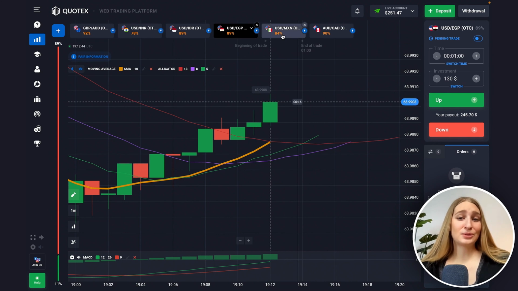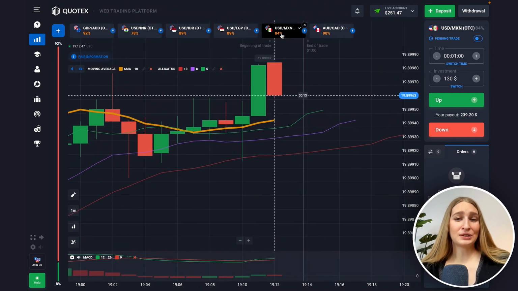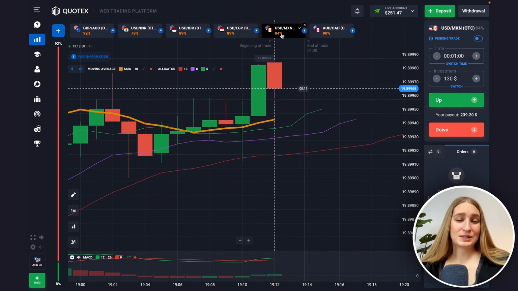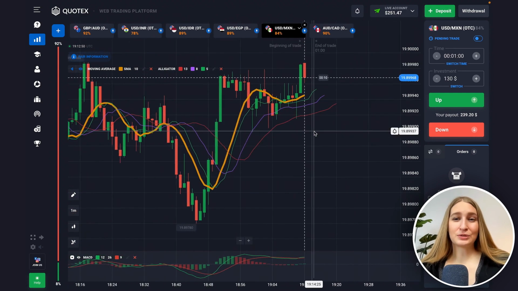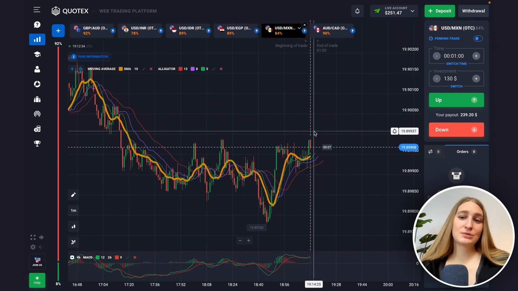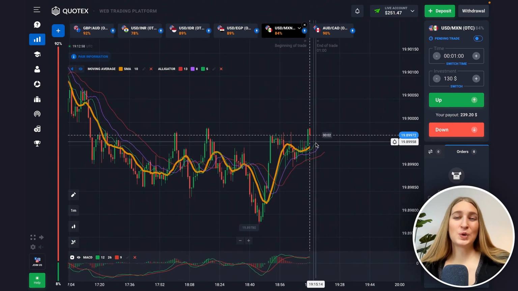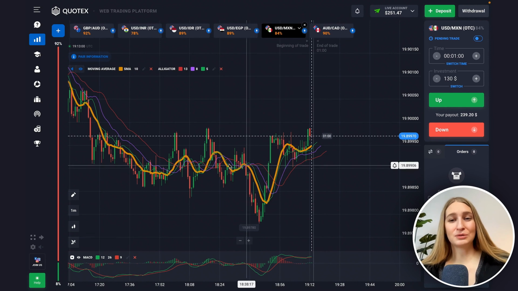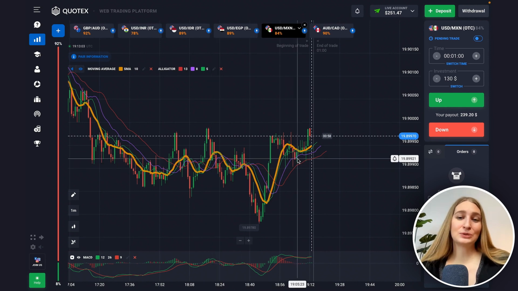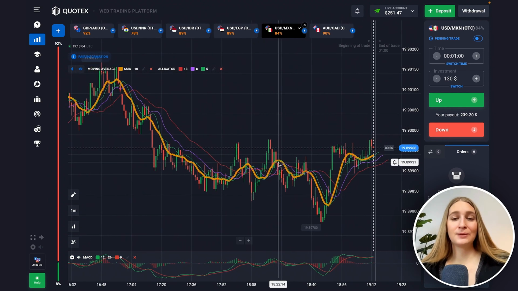Pretty good too. So guys, you can ask me when to trade the currency pair. When it is the most active, of course, when traders in the countries whose currencies are included in the currency pair are trading. That is why it is important to choose a currency pair that will be active during the hours of your activity.